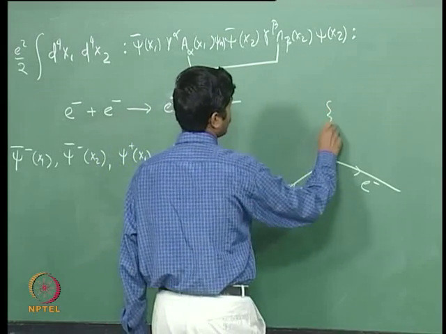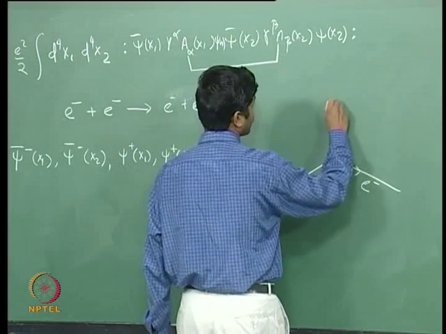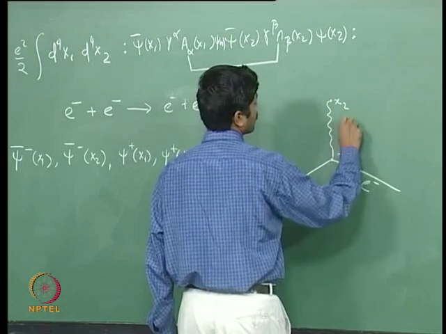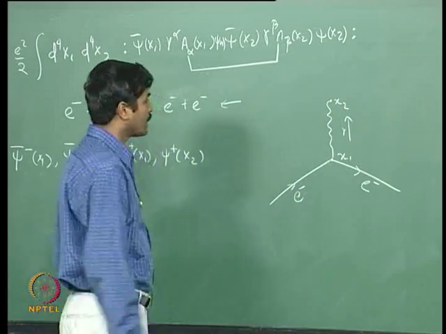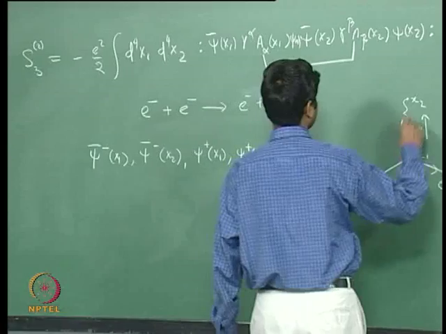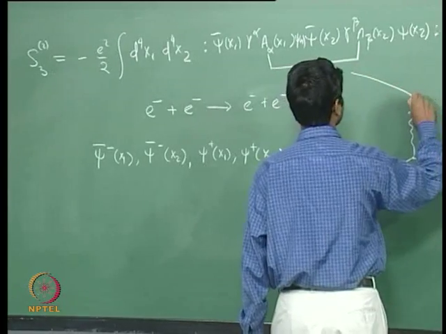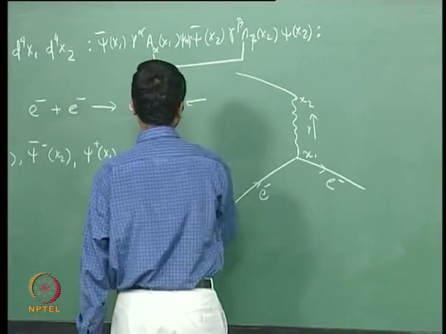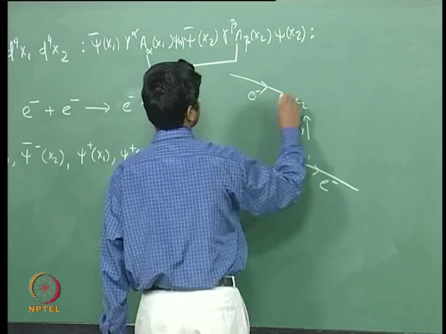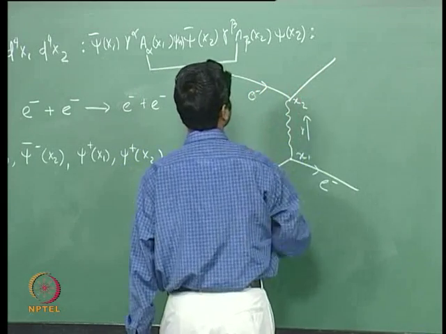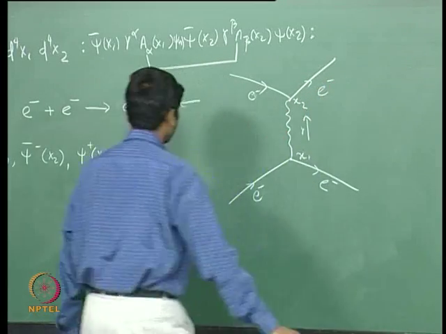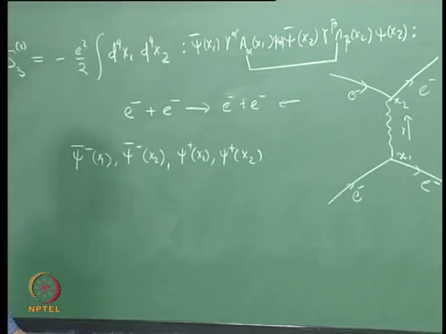So you have a virtual photon propagating from x1 to x2. This is a gamma, and then you can see that there is an incoming electron which is getting annihilated at x2, psi plus of x2, e minus, and e minus. So this is how it should look. Okay.